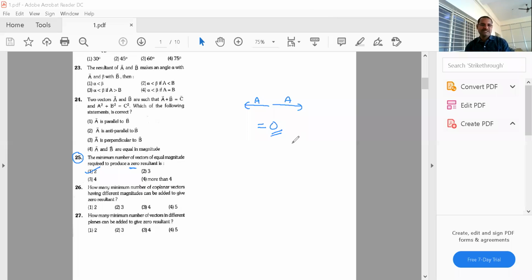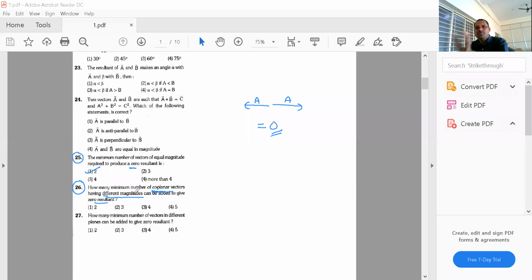Condition, remember. Next, question number 26. How many minimum number of coplanar vectors having different magnitude can be added to give 0 resultant? So vectors should be coplanar, they should lie in the same plane, and have different magnitude.